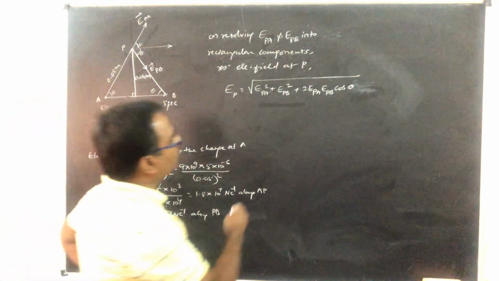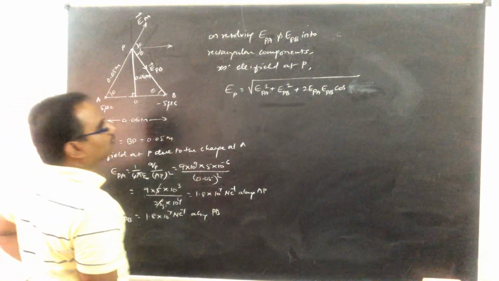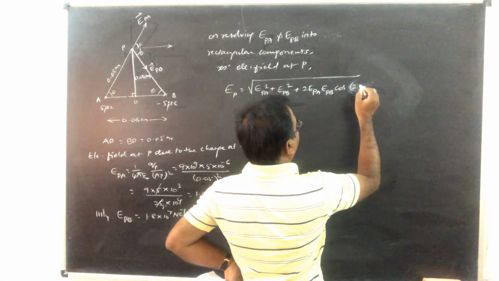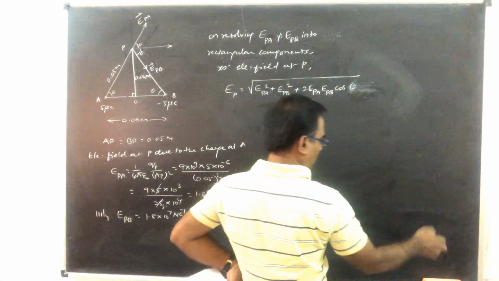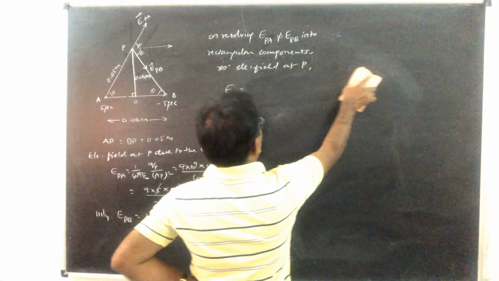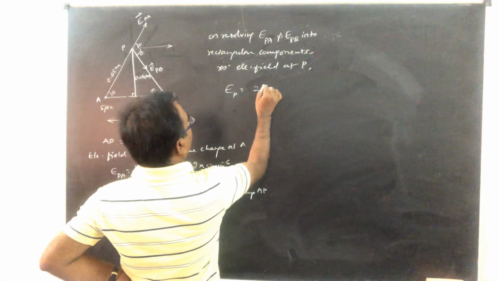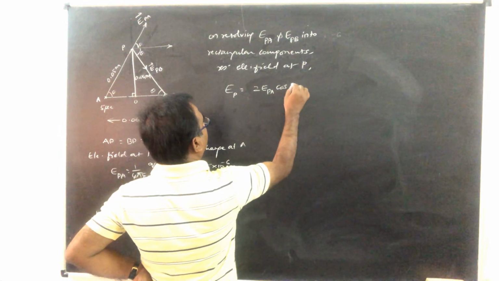So you should do it like this. It becomes 2 EPA cos theta.